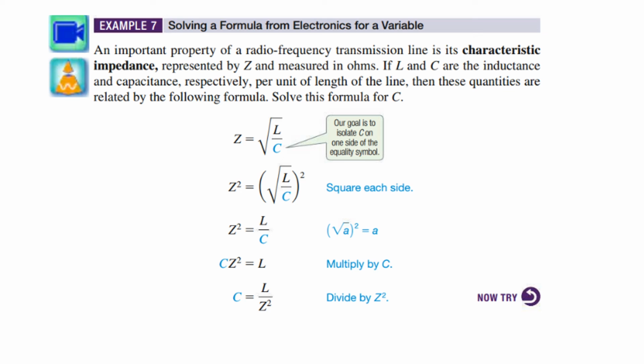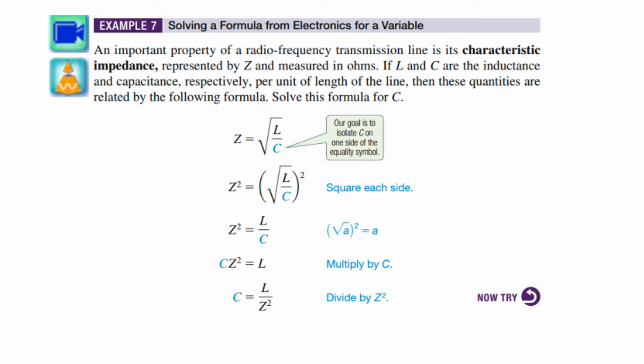Now sometimes you are using the power property to solve formulas, and this is an example of solving a formula from electronics for a variable. The equation that we have is z is equal to the square root of L over C. We're asking you to solve for C. So what you're going to do is square both sides.